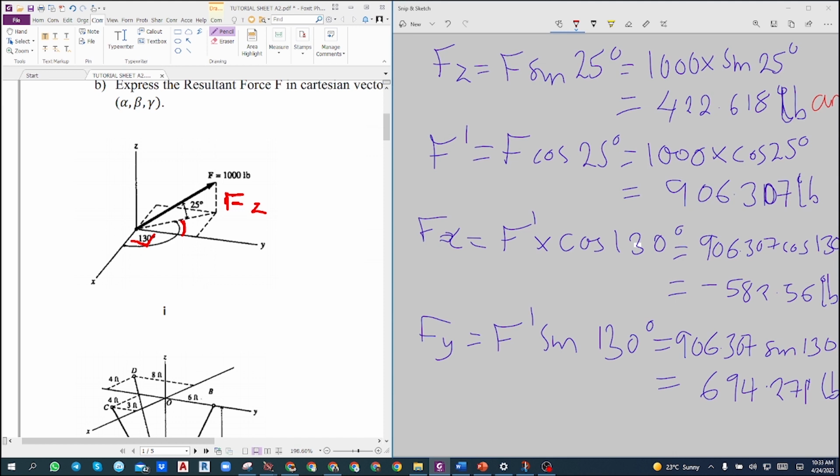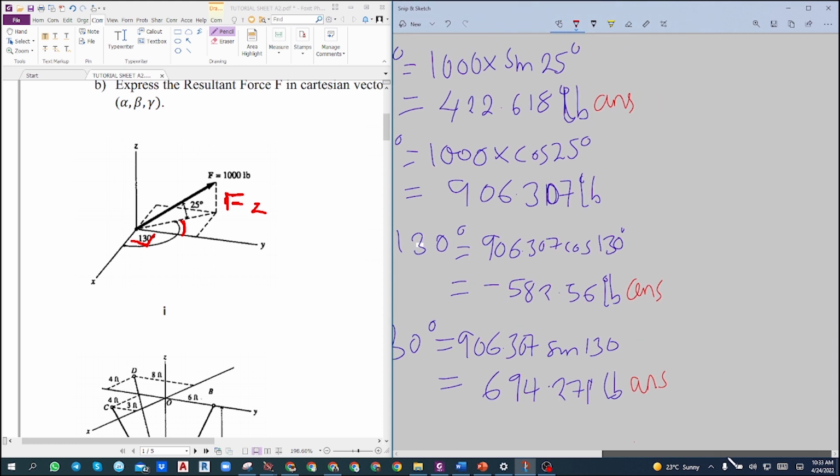Now to find the x component, you say F prime sine 40, and then your y-axis will be F prime cos 40 degrees, and for the FX, you just do by observation to see that the negative is this side. So let's take note of that. It's not always that FX is a cos. It depends with what angle you are given.